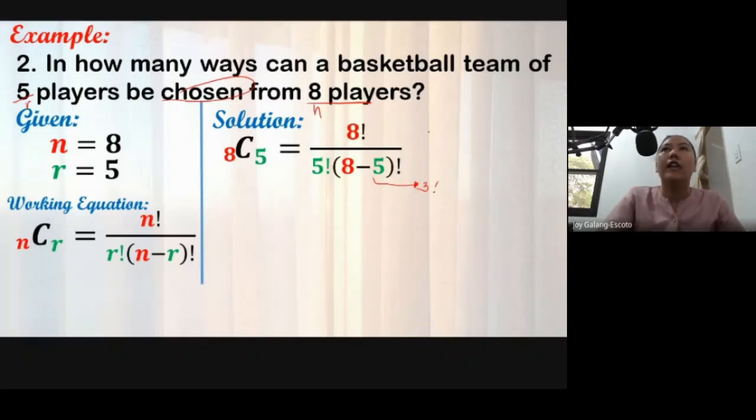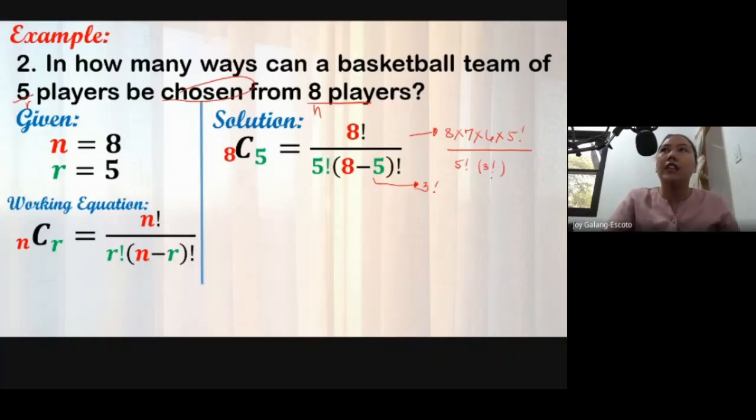Now, next, you have to expand 8 factorial in such a way that you will be canceling out 5 factorial in the denominator. So when you expand 8 factorial, that is 8 times 7 times 6 times 5 factorial. You will end with 5 factorial because your goal is to reduce the whole expression. Okay? So over 5 factorial times 3 factorial.